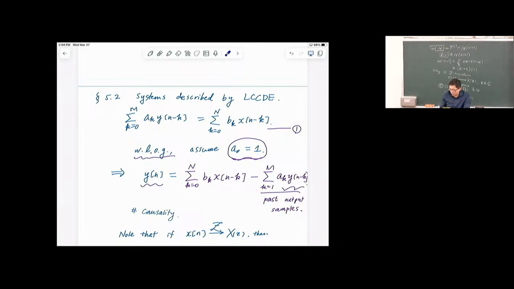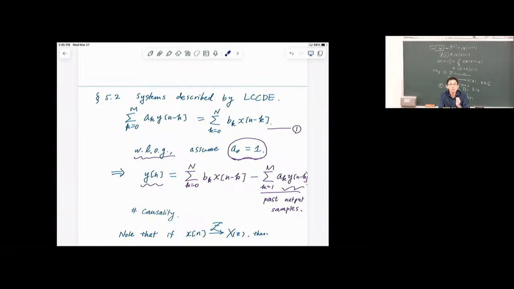So for any new time, when we increase by one sampling period and need to compute the next sample, the way of calculating the current sample depends only on things that happen currently or in the past. Nothing needs to depend on the future.